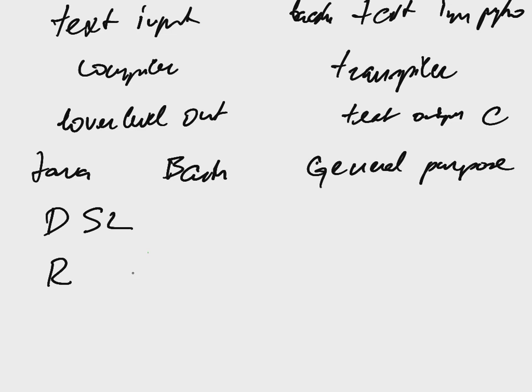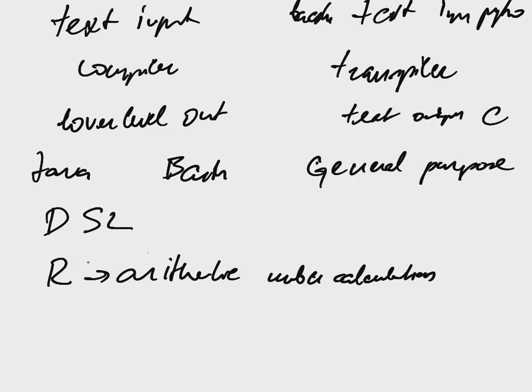But then there are domain-specific languages, and for example R is one of them, and this is about arithmetic and number calculations. It is very efficient if you need to handle large numbers, and because many companies today have access to very large data, so-called big data.